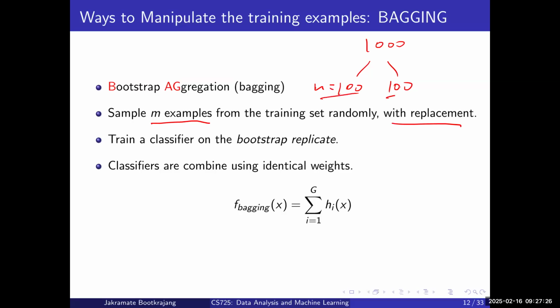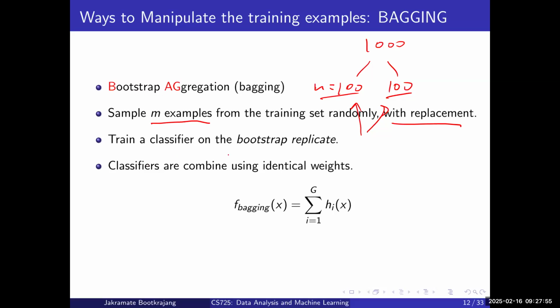When you sample two times, there are chances that the data in each of the two sets are the same. So with replacement, you can still pick the example that the previous group already picked. Basically, you pick from the original every time. You never leave it out after it's been picked.